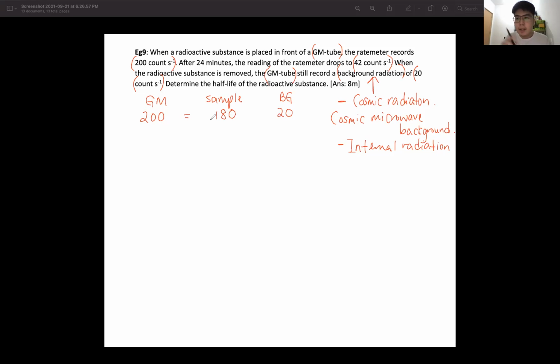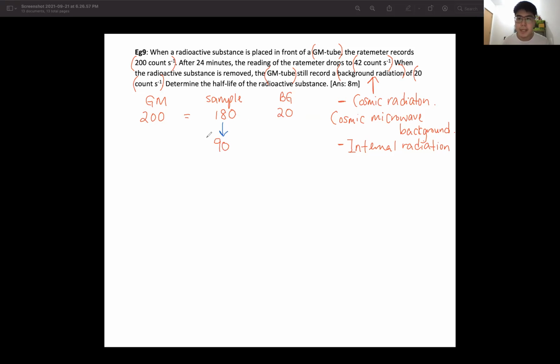That is the radiation emission from the sample itself. Now we move to the next half-life. Which one is decreasing to half the value? Remember the sample is the one that is decaying. So 180 you divide by 2 goes down to 90.